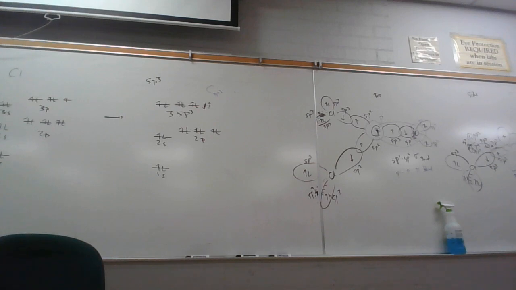Another chlorine sp3 is going to come in here and bond here. And then an oxygen sp2 is going to come in here and bond here. And an oxygen p orbital is going to come in here and bond here. And so we have two single bonds to the two chlorines and one double bond to the one oxygen.